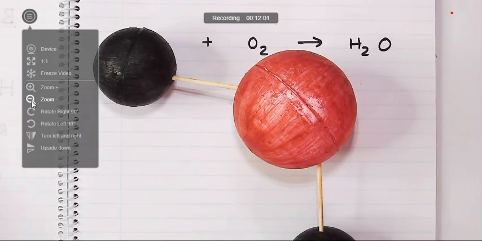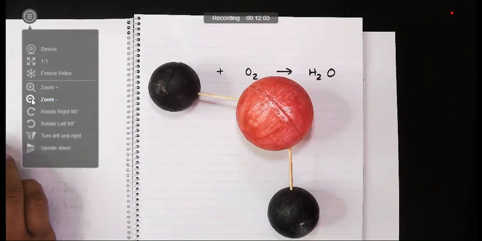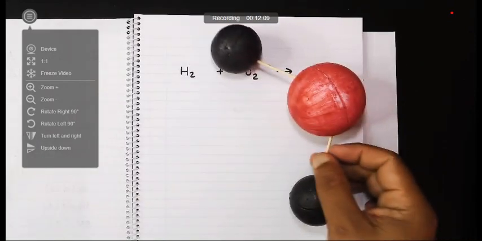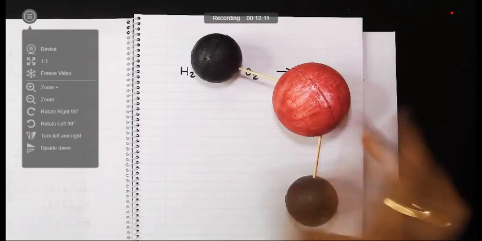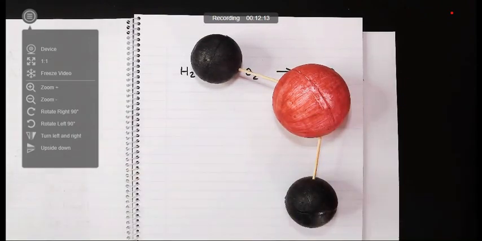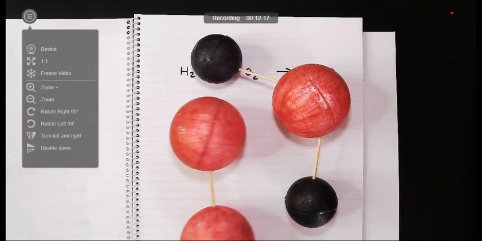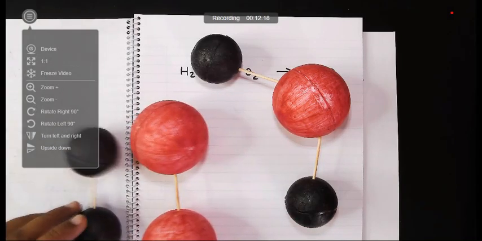So these are the models. This is your H2O. It looks like this: one oxygen and two hydrogens. This is your oxygen, and this is the hydrogen.